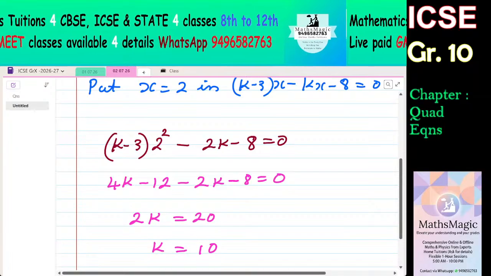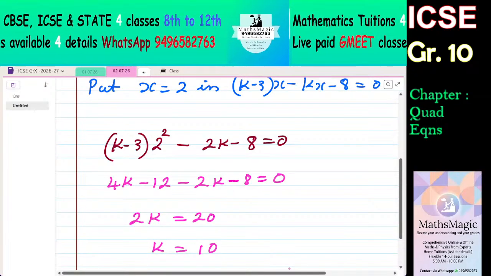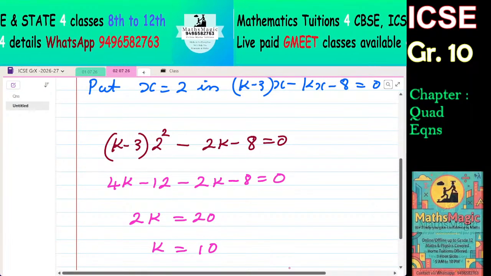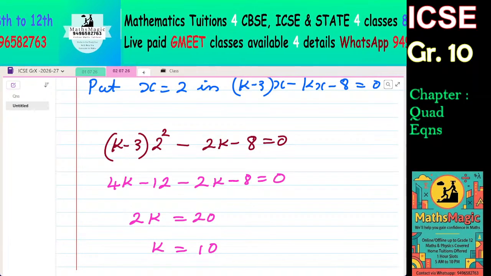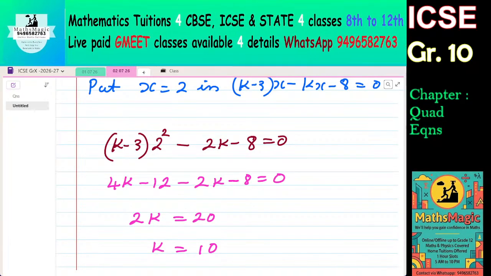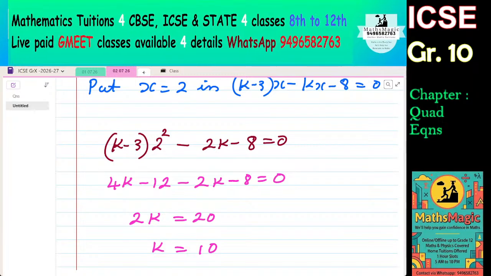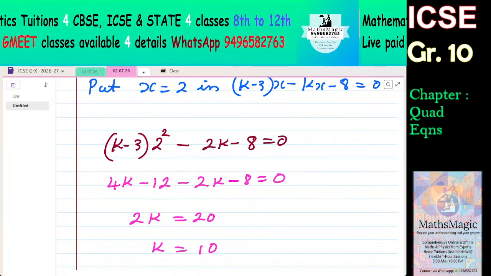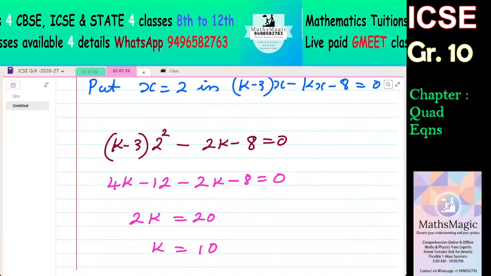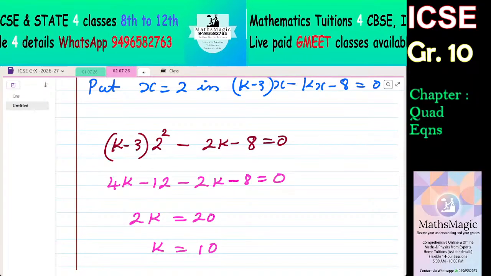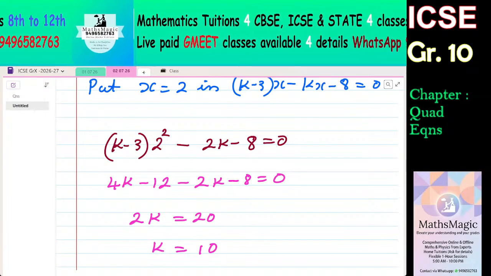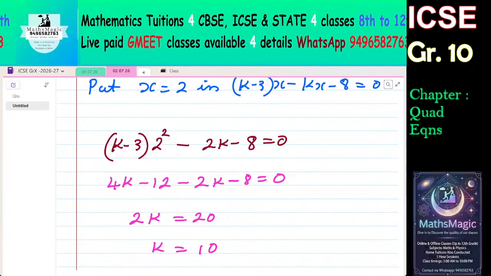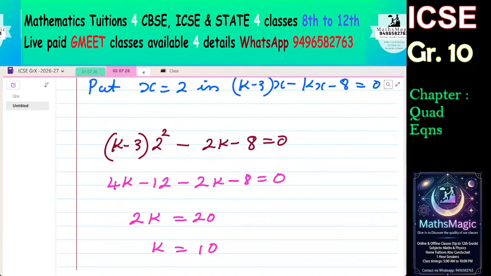And now you can make the quadratic equation and solve it, or we can use the formula for product and sum of roots of a general quadratic equation. I hope you remember that.